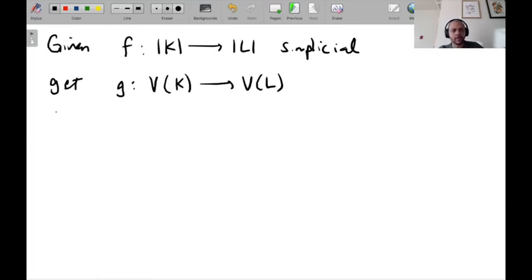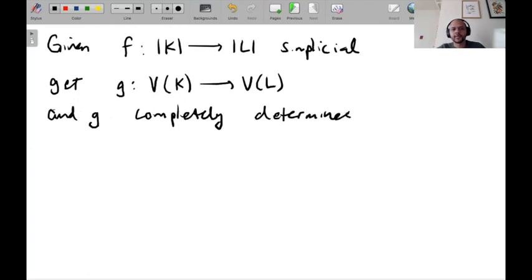And conversely, g completely determines f. So let me explain why this is true.